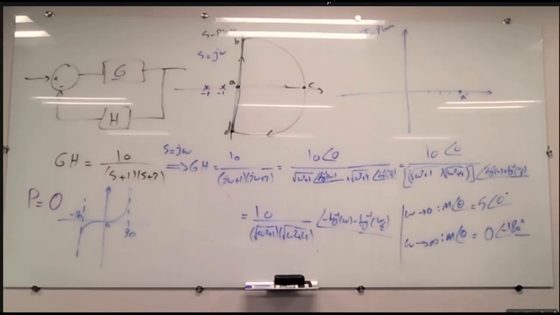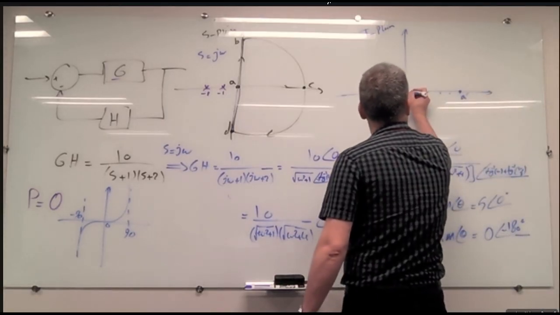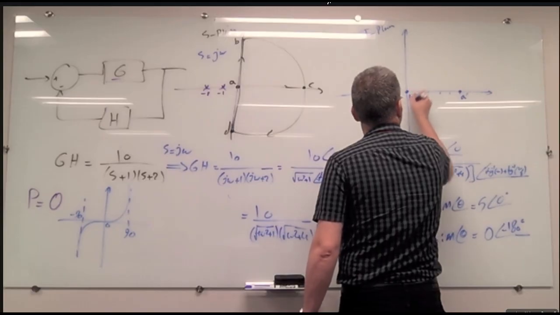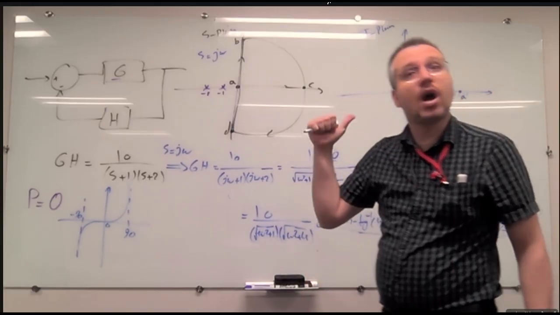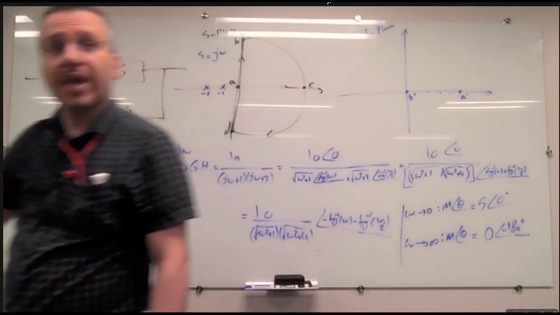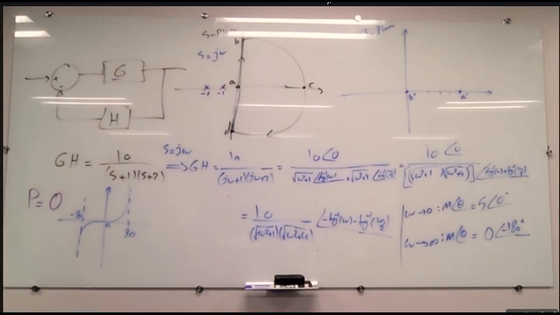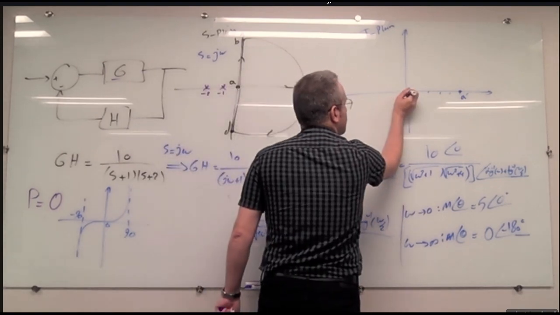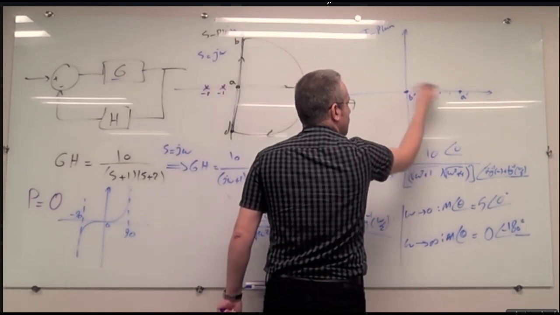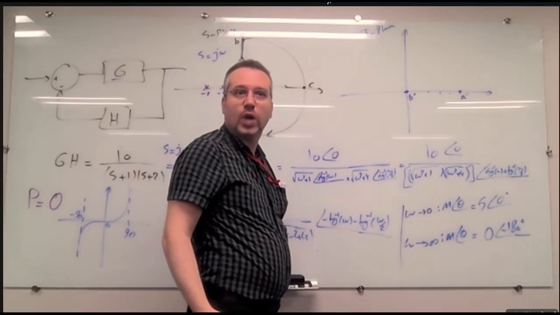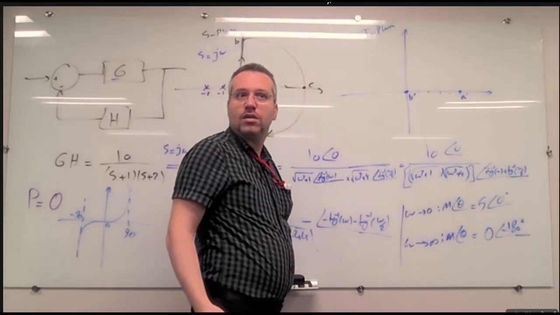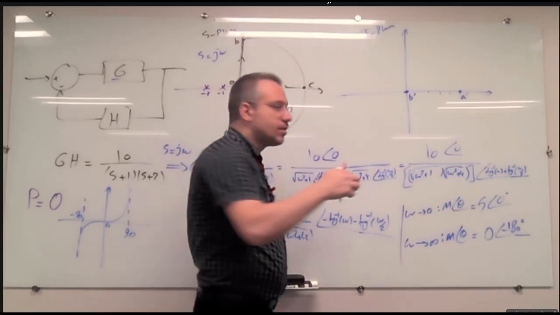What that means is B prime is here. Now, it has minus 180. That means when we approach B prime, the vector should be on the negative side, minus 180. Am I clear?